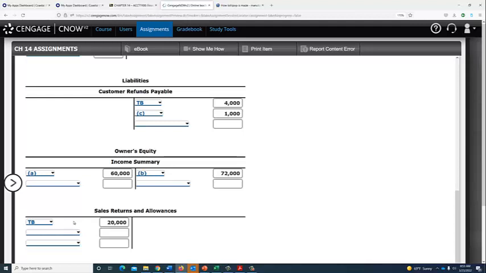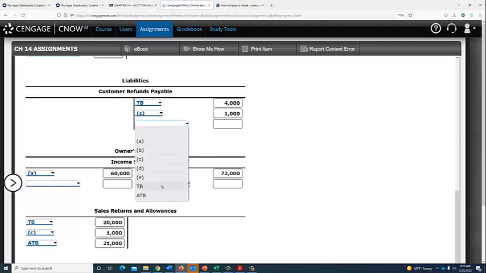So we've started with 20,000, and we're going to add another 1,000 because we're anticipating that figure to actually rise as customers return goods from this year next year. So our adjusted trial balance in this account will be 21,000, and then in customer refunds payable, our adjusted trial balance will be 5,000.